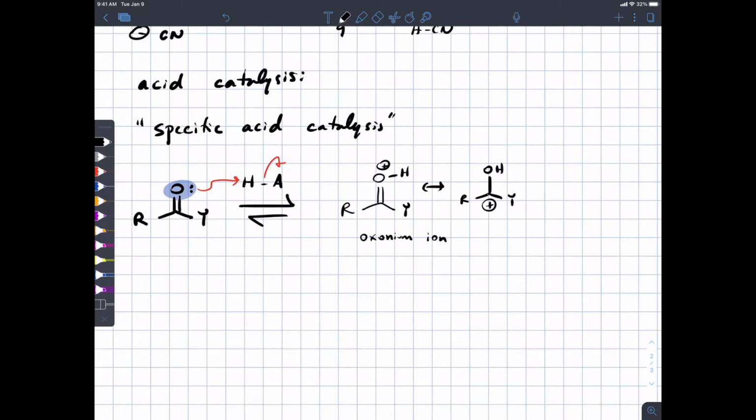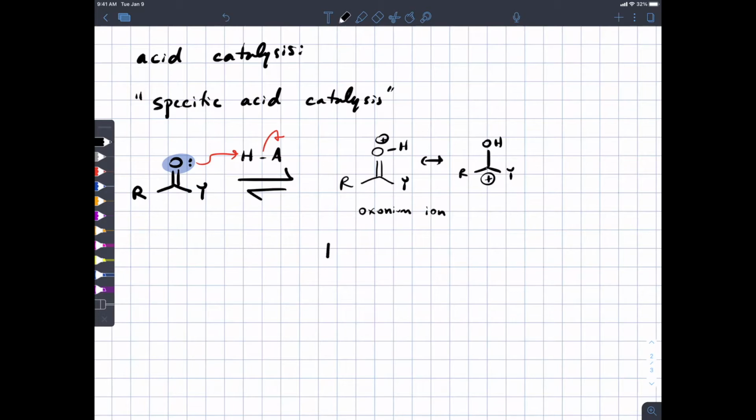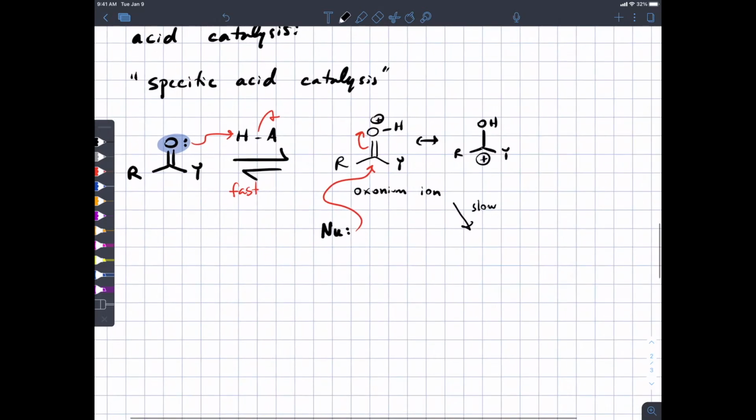So you protonate to make the carbonyl compound more reactive, and then in a second step, the nucleophile attacks. Usually the protonation is fast, and then usually nucleophilic attack is slower, and you get a tetrahedral intermediate, and it only differs from the tetrahedral intermediate that we saw previously in that the oxygen's not negatively charged.